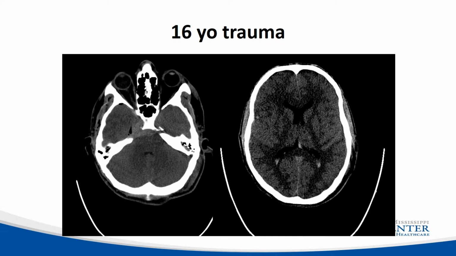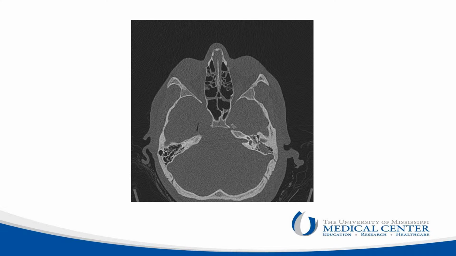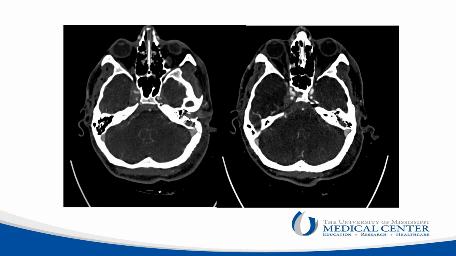This is a 16-year-old who had trauma. We can see that there is pneumocephalus, there's intraventricular hemorrhage, there's subarachnoid hemorrhage, and there's some thickening in that region of the right cavernous sinus. There are multiple skull base fractures. A CTA was performed.